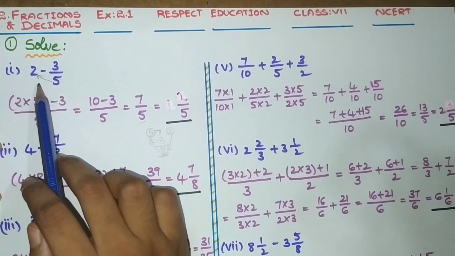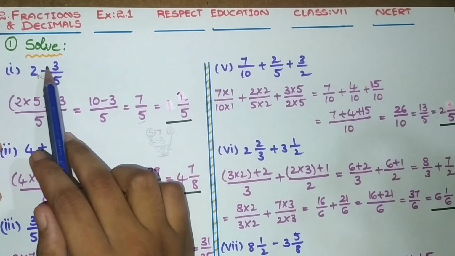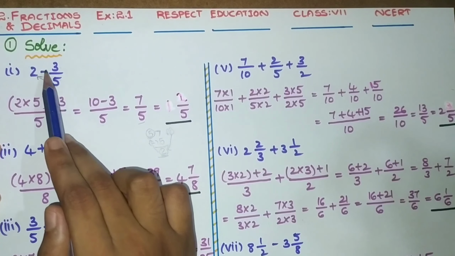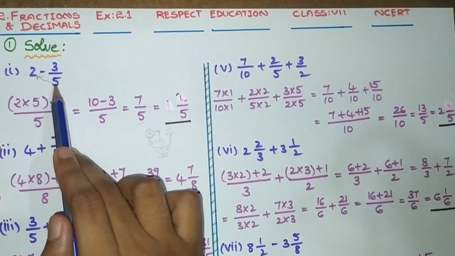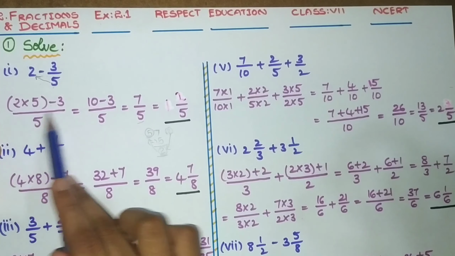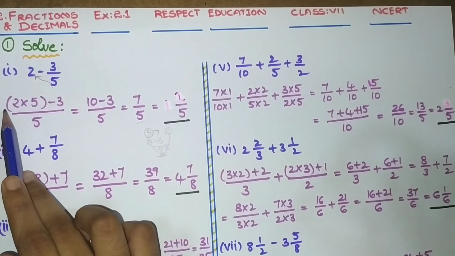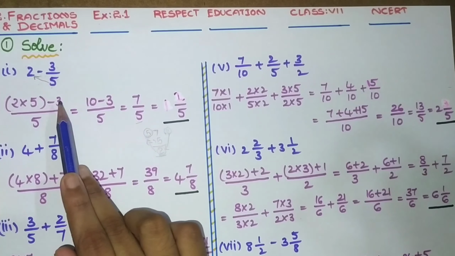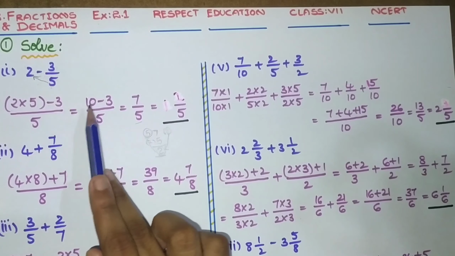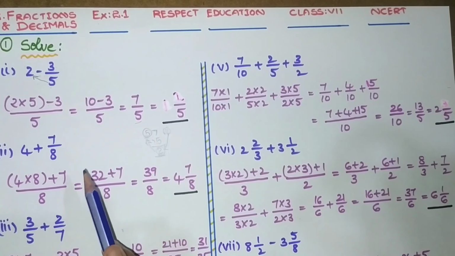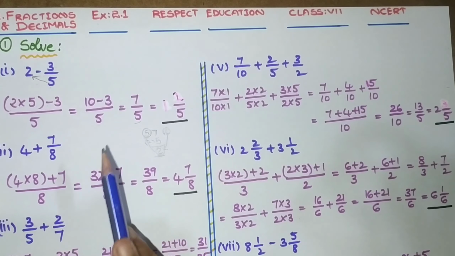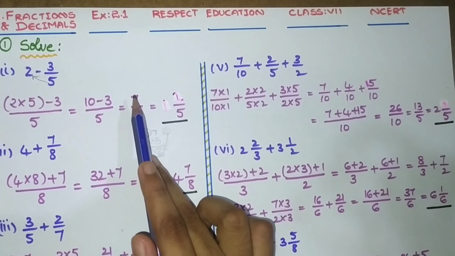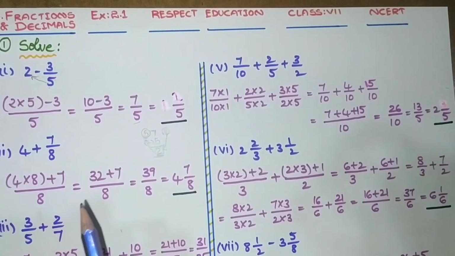So it is 2 into 5 minus 3 by 5. Here 2 into 5 is 10, minus 3 by 5. 10 minus 3 is 7. So 10 minus 3 by 5 is 7 by 5.